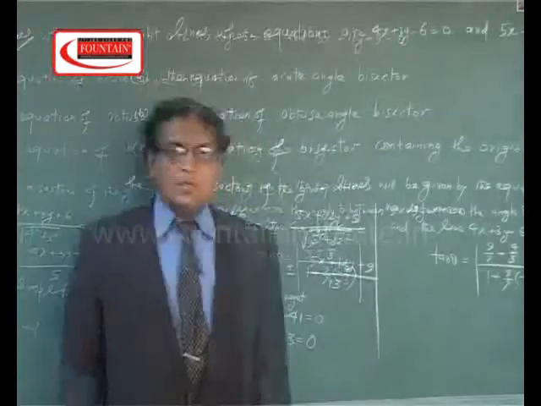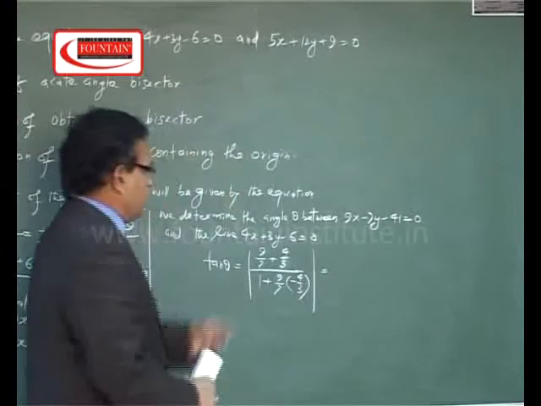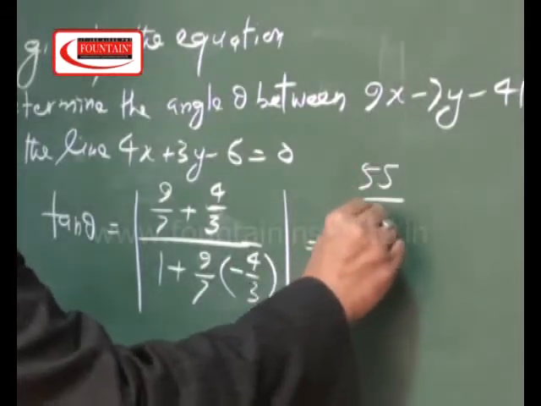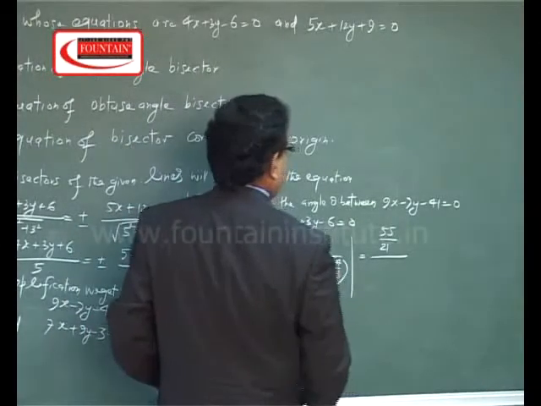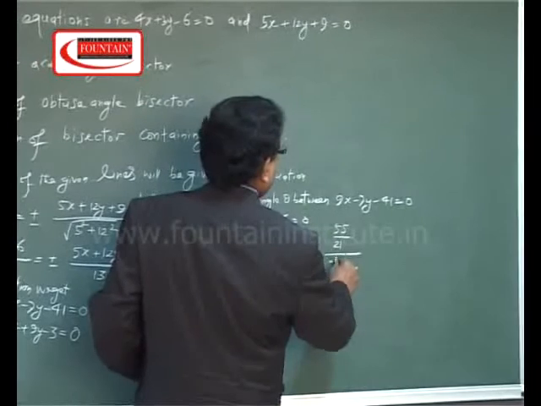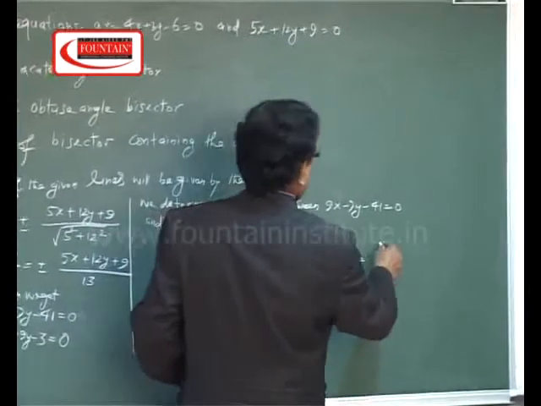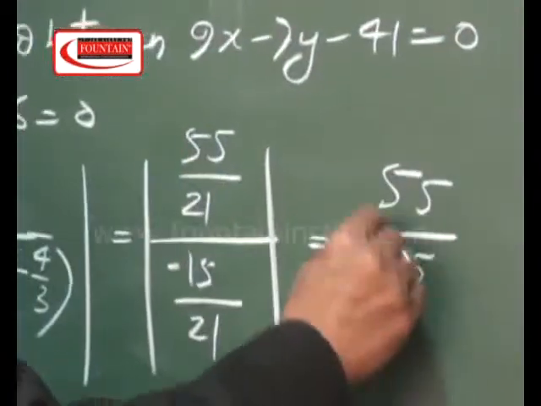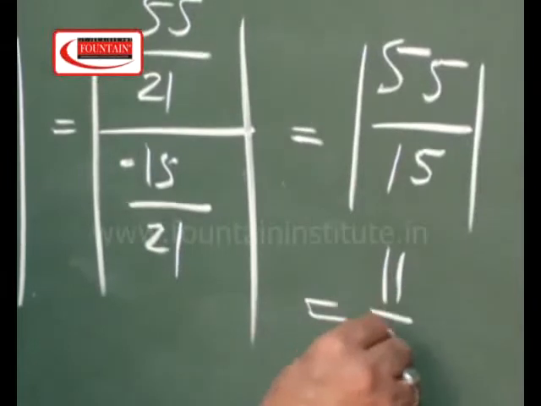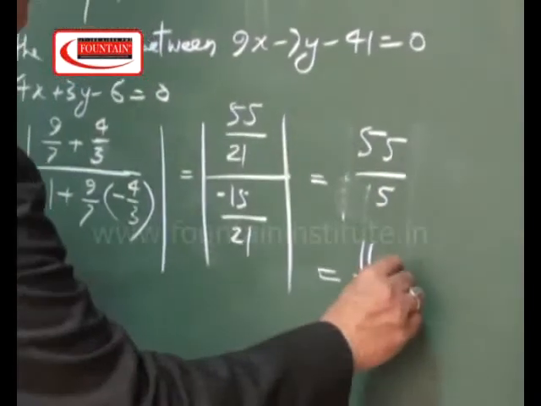We solve it as 9 into 3, 27, 7 into 4, 28, 55 by 21 divided by 21 minus 36 by 21, that will be equal to minus 15 by 21, absolute value, we get 55 by 15, which comes out to be 11 by 3. Which is definitely greater than 1.